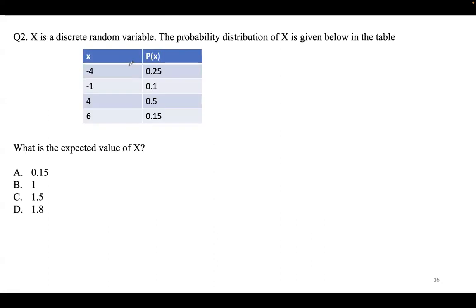Okay, simple. X is a discrete random variable and the probability distribution is given. This is the probability mass distribution. What is the expected value of X? How are we going to solve this?